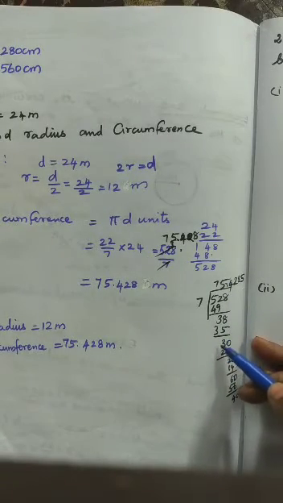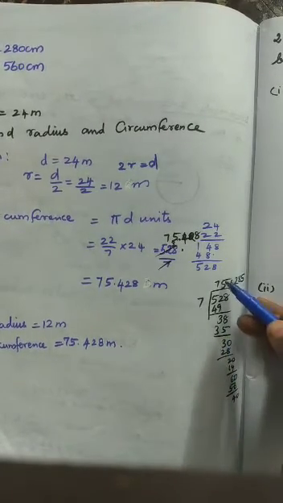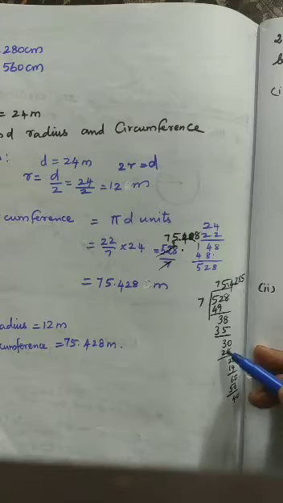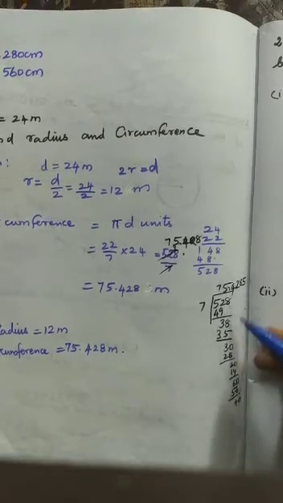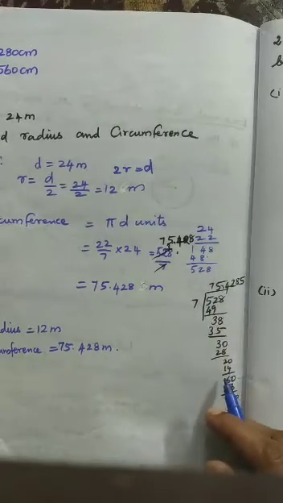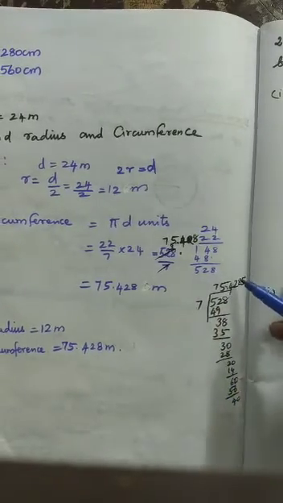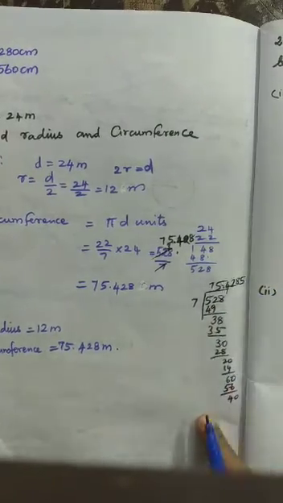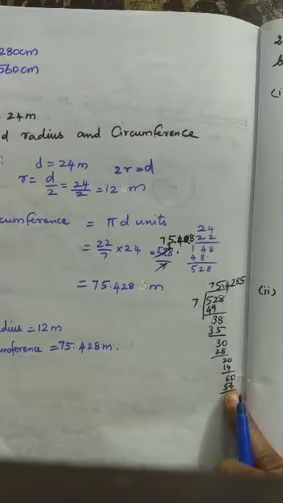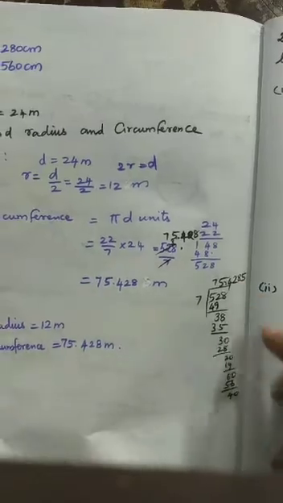This 3 is not enough, isn't it? So, keep point and add 1 0. Then it will come 28. 4 times. Again, you subtract 2 20. 2 times 14. Again, remainder 66. Add 0. 56. That is 8 times.